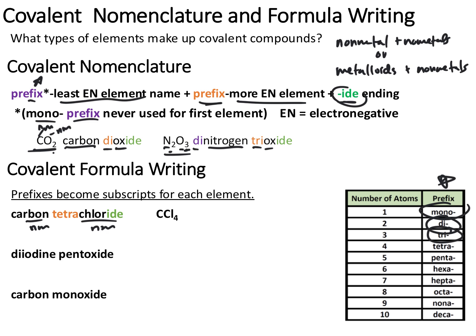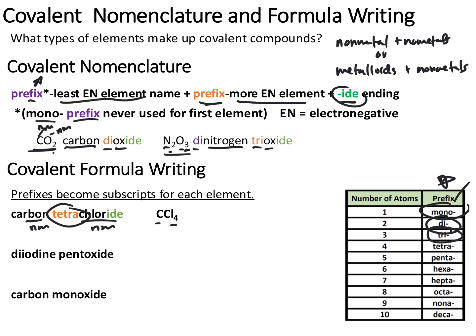Carbon, there's no prefix, so the implication there is that it's mono, there's only one of them, so we write a C. Chlorine is our element. The prefix tells us that we have 4 of them. So we're going to write chlorine, and then indicate that there are 4 of them as our subscript.